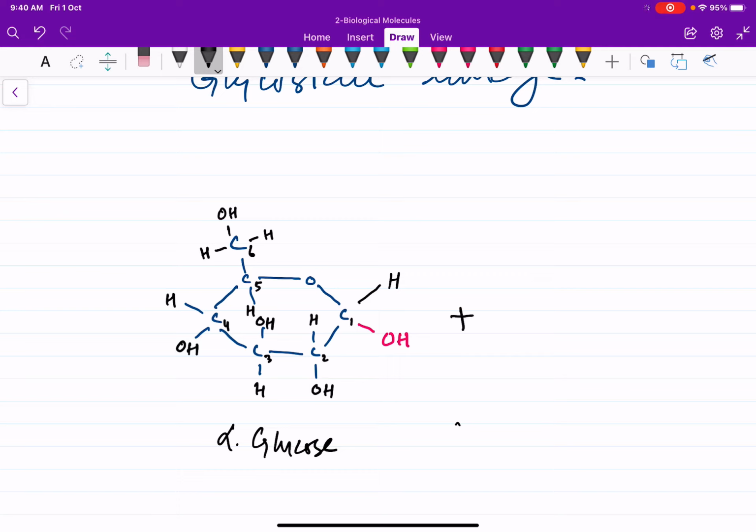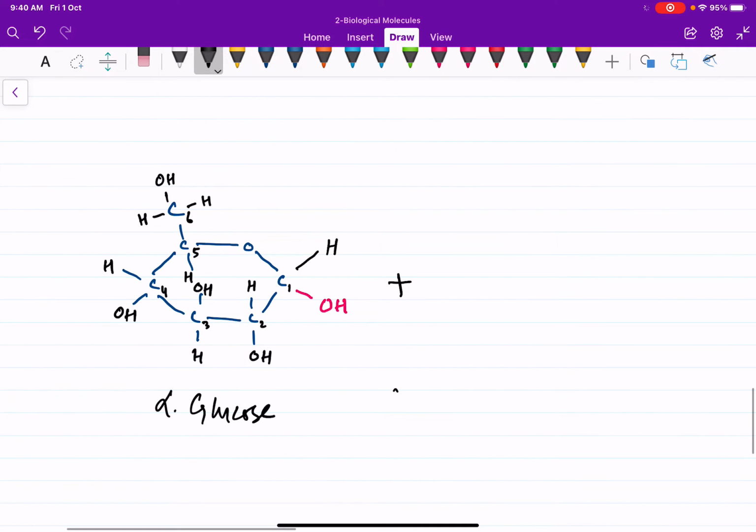This is a hexagonal sugar. Fructose is also a hexose sugar, but that's a pentagonal sugar. Okay. How would that pentagonal sugar look? This has an oxygen here, it has carbon here, carbon here, carbon here, and carbon here.